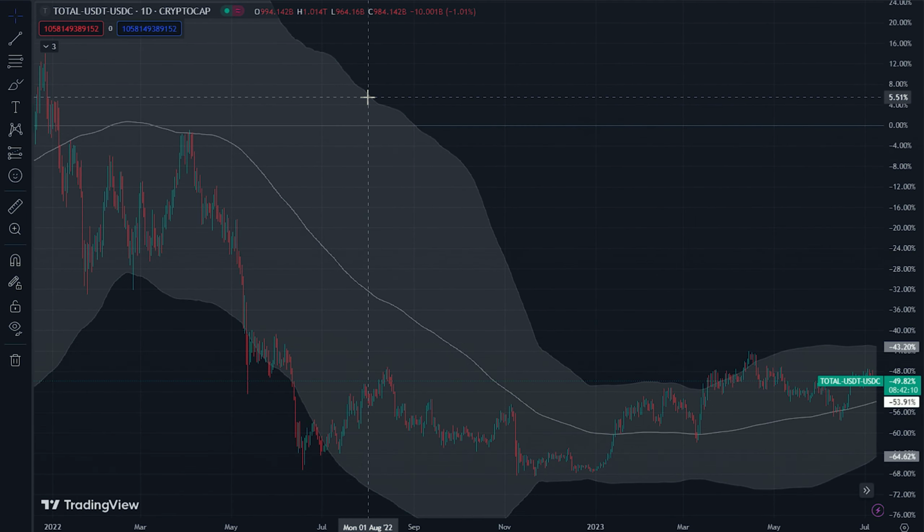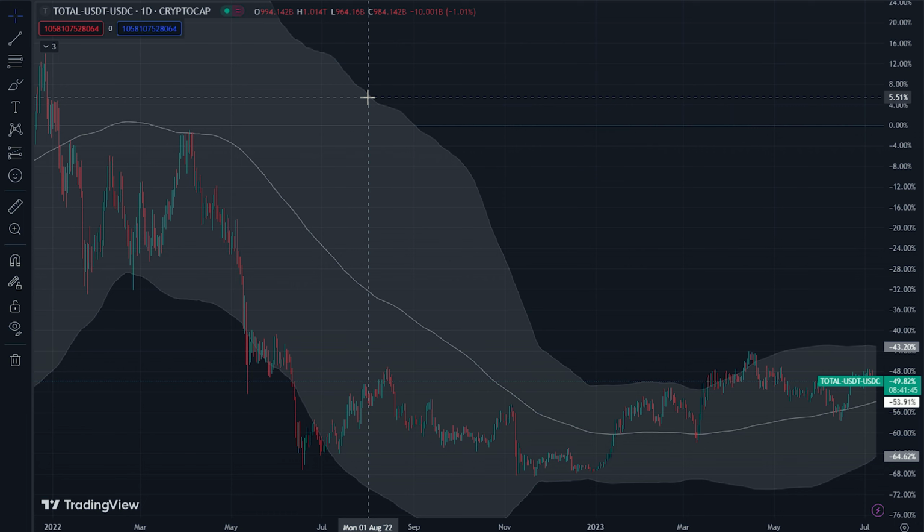But anyway, total 1 shows the top 125 cryptos, including Bitcoin and Ethereum. Total 2 shows the top 125 cryptos except Bitcoin. And total 3 shows the top 125 cryptos without Bitcoin or Ethereum. So total 3 and total 1 are the ones that I find the most useful.